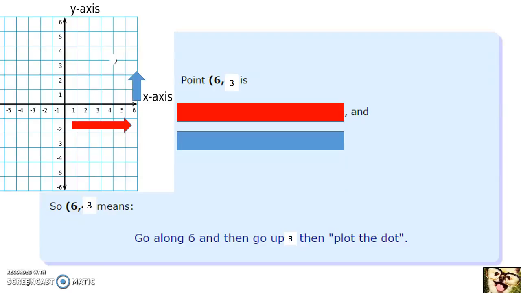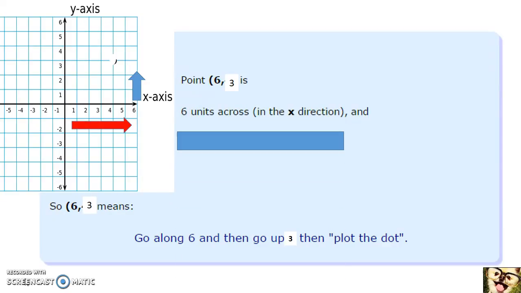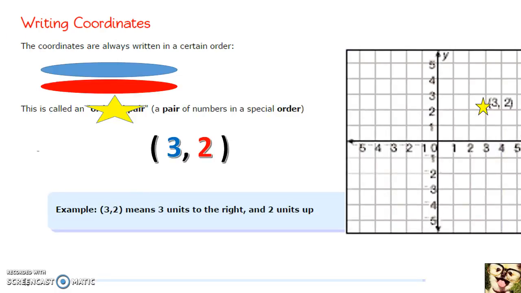We have a point that is placed across the x-axis 6 points, and then it goes up 3 units in the y direction. So we can place the point right there, (6, 3).